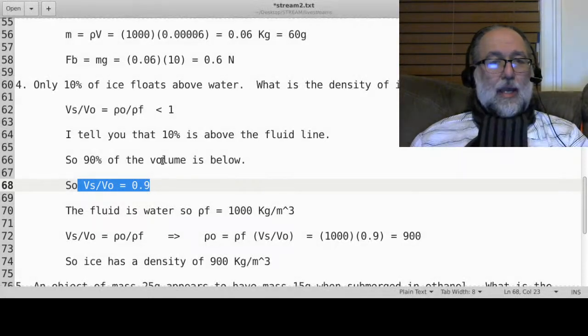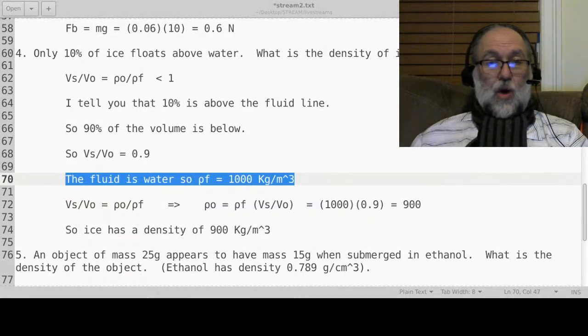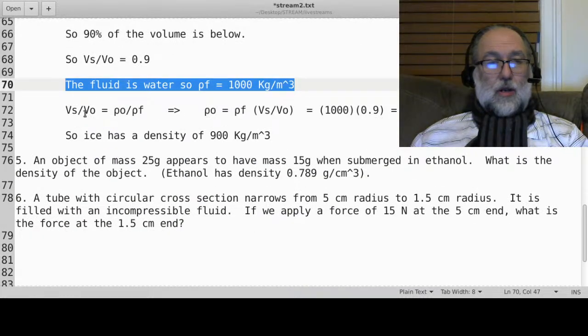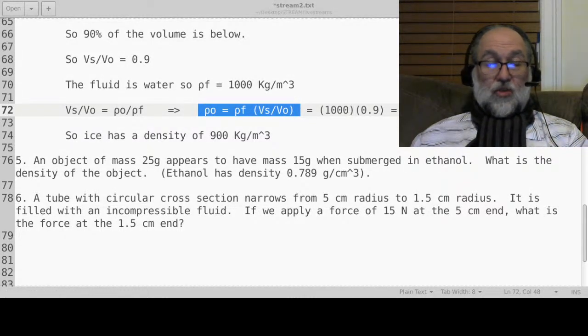And the fluid, well, it's fresh water, so rho F is going to be 1,000 kilograms per meter cubed. Now just take this formula and rearrange it, because we're solving for the density of the object, ice in this case.